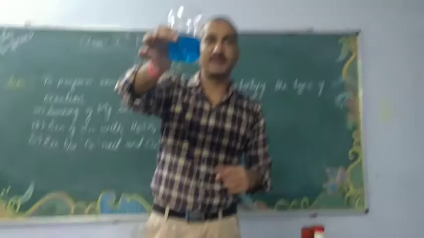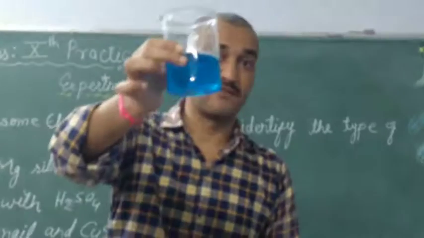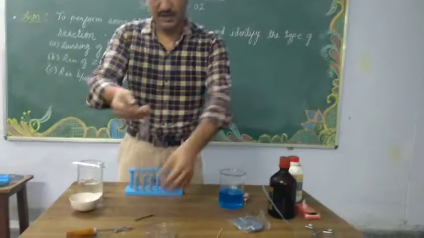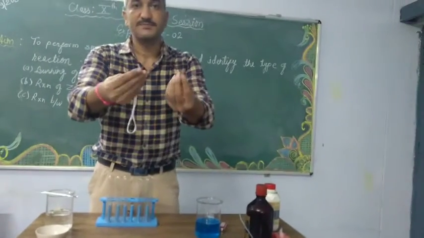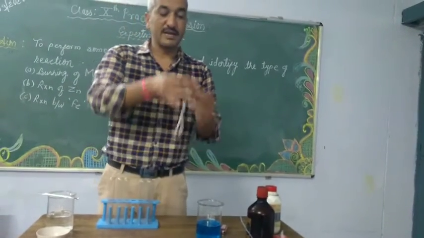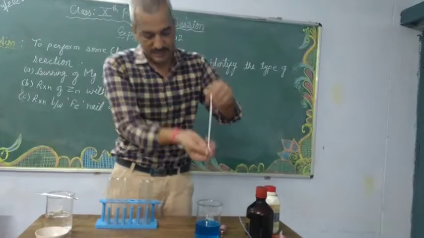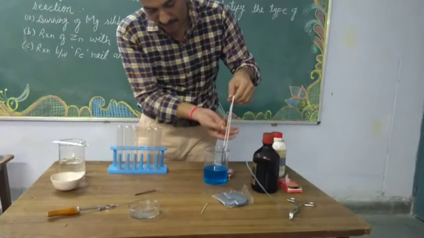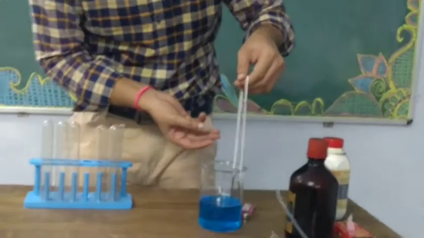You see the transparent true solution of copper sulfate here. To carry out the reactions I have some iron nails. First of all, I will dip these iron nails in this copper sulfate solution, and let's see what happens.